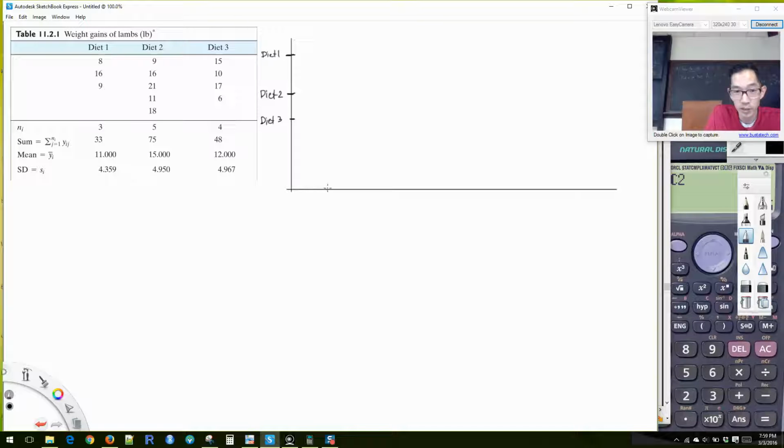The axis will be 5, 6, 7, 8, 9, 10, 11, 12, 13, 14, 15, 16, 17, 18, 20. And then let me make a grid here.